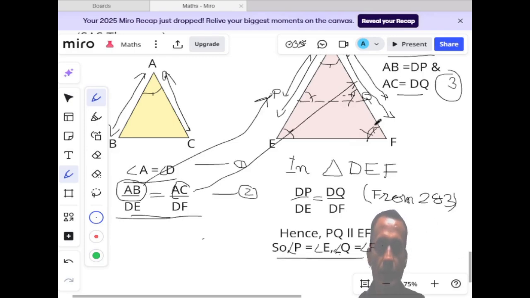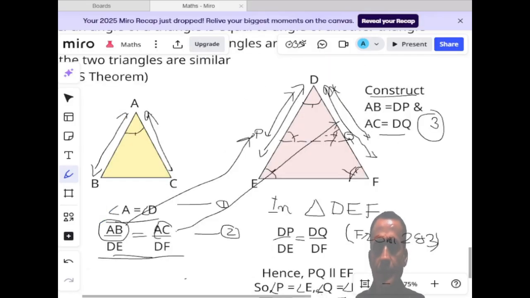Now let us see triangles ABC and DPQ. AB is equal to DP, AC is equal to DQ, angle A is equal to angle D. This is already given. So triangle ABC is congruent to triangle DPQ. Why?